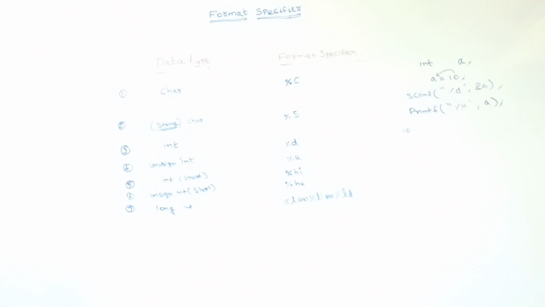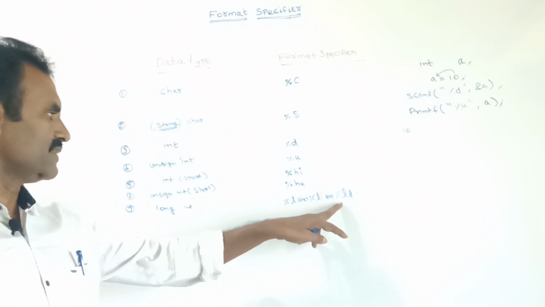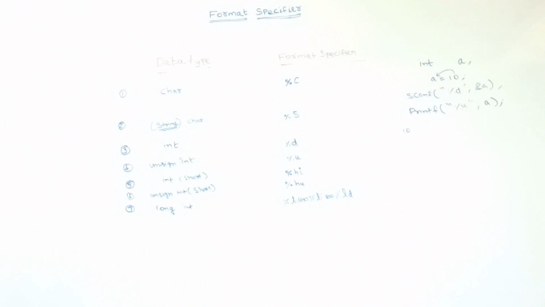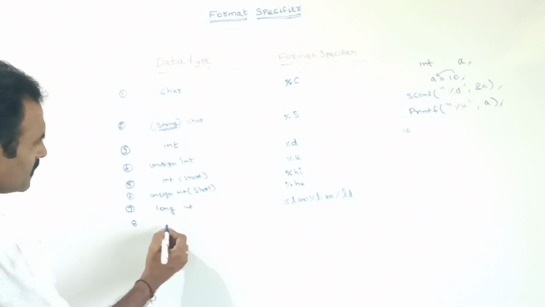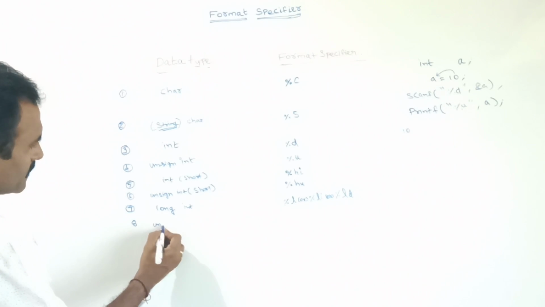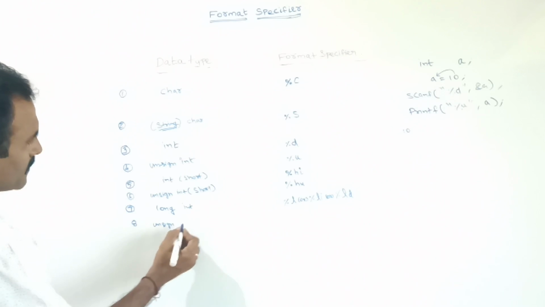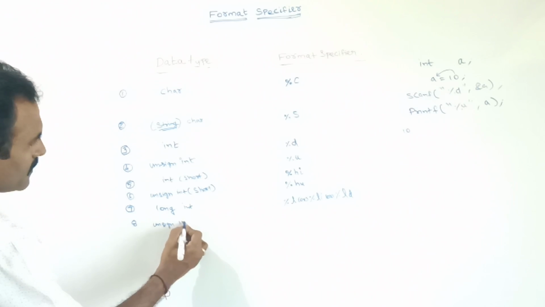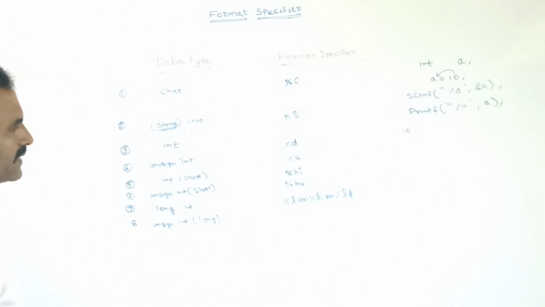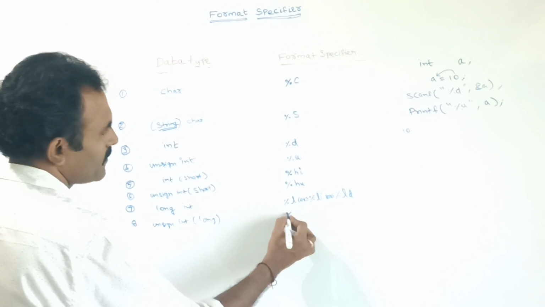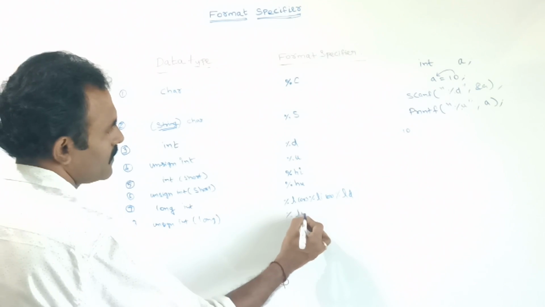We can use any one of these format specifier symbols for the long integer. Next, 8th one, unsigned integer, that is for long. Here we can use the format specifier %lu.